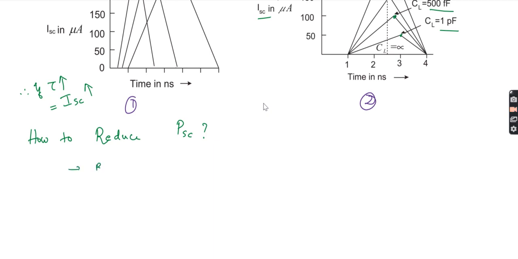First, by increasing the load capacitance. However, the circuit will be slower if I do this, because as the capacitance value increases, the charging also happens very slowly, and then the circuit also gets slow.